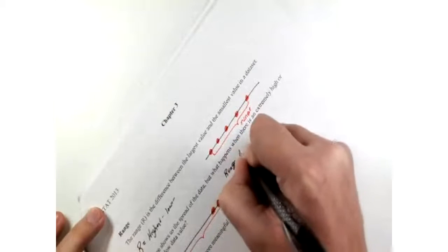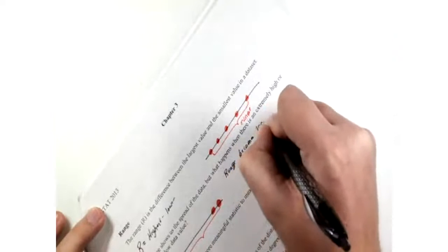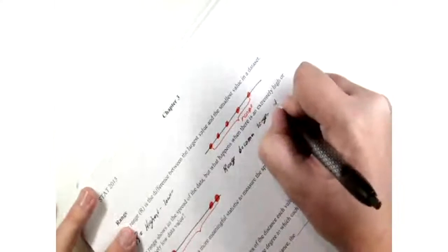That range is going to get larger because I'm taking this gigantic number and I'm subtracting off the lowest one. So the range will get bigger. So that means the range becomes larger and doesn't accurately measure the spread.